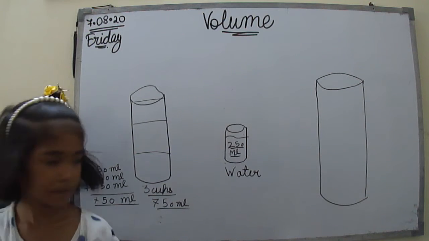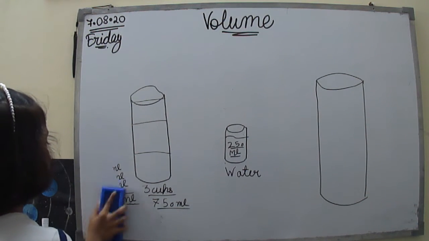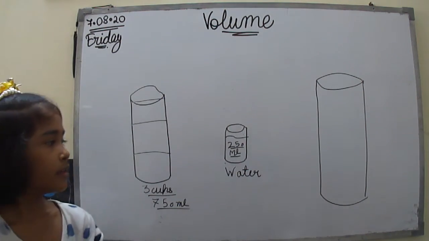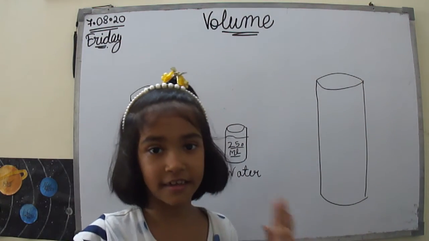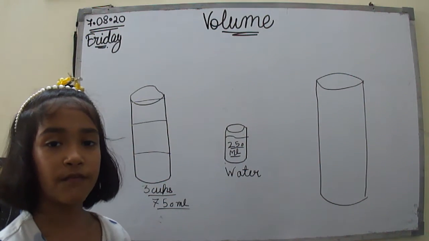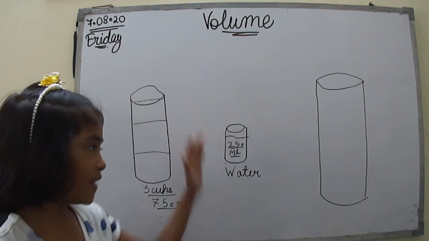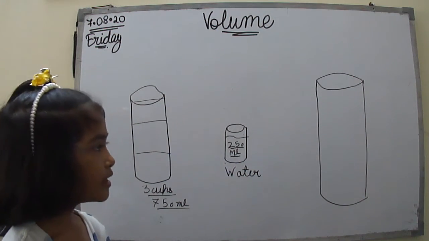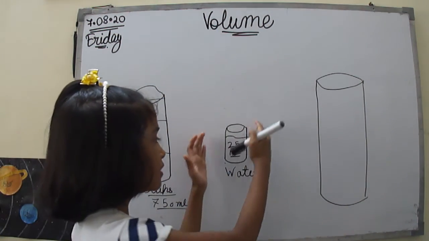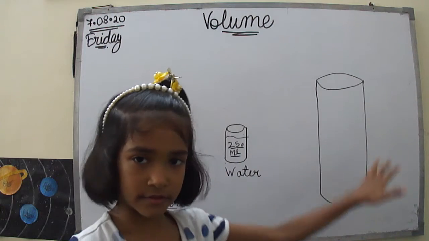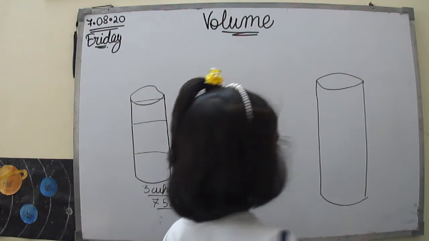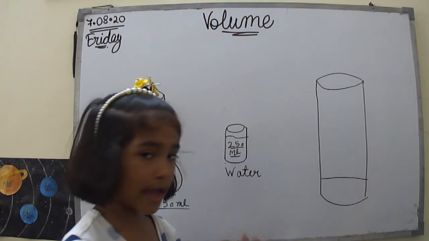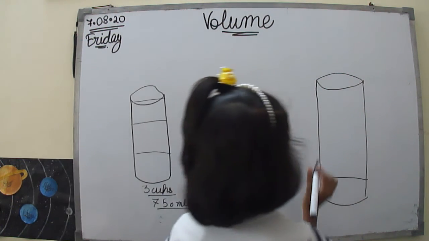So now let's check the big container. For that, again I fill this 1 cup with water. Then I pour this small cup into this big container. Let's see, guys, this is full up to over here. Then I pour one more time because it is not filled.